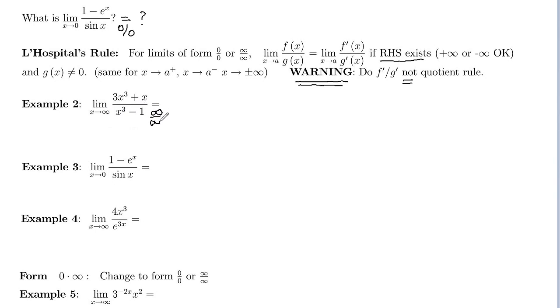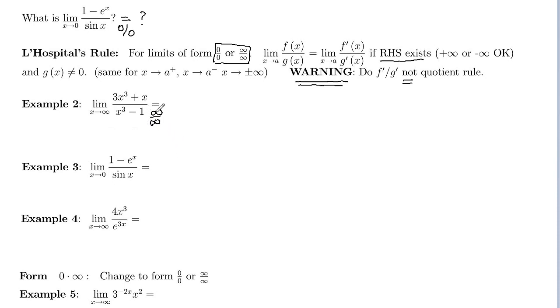This is the form infinity over infinity. So there we checked that it was an indeterminate form. It's only these two forms where L'Hopital applies: 0 over 0 or infinity over infinity. And minus infinity over minus infinity is okay, or minus infinity over plus infinity, that's okay. It's just the difference of a minus sign.